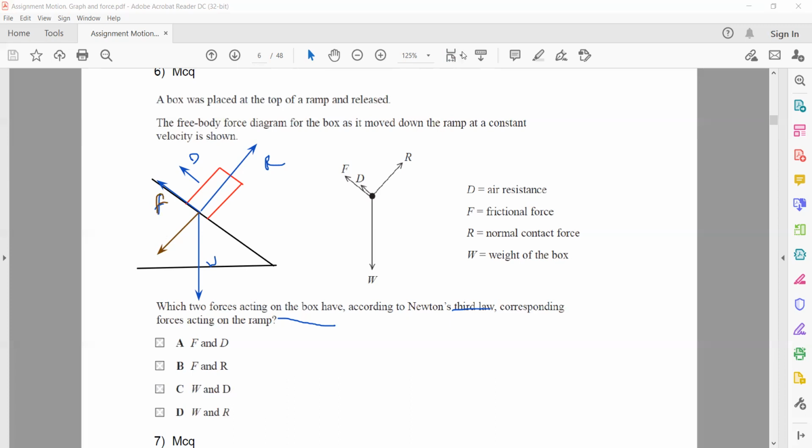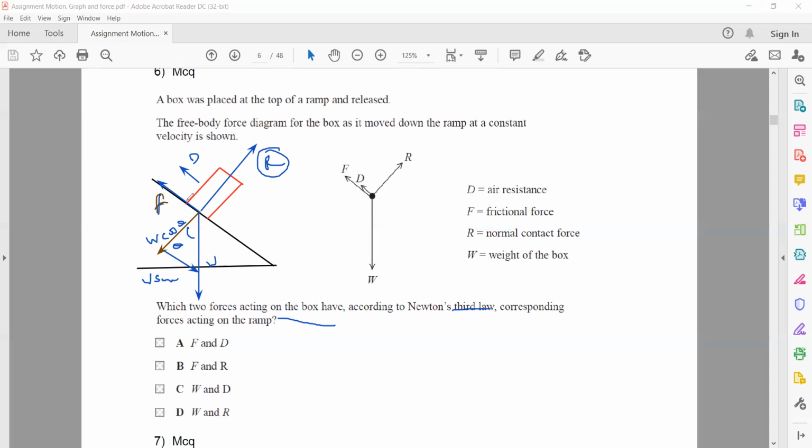So the weight is acting downward, making a certain angle, so the component of the weight which is with an angle, that's W cos theta. So W cos theta is acting on the ramp, and the normal contact force R is there, which is acting on the box. And same thing, W sin theta is trying to make it slide down, W sin theta.